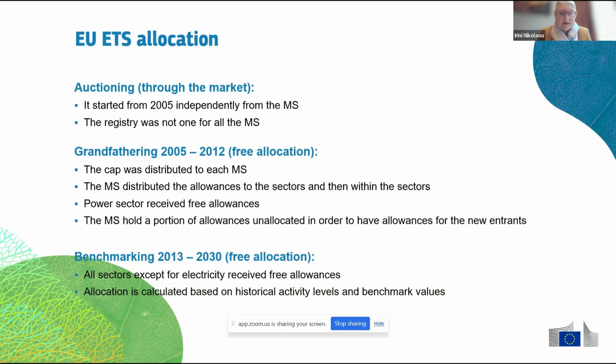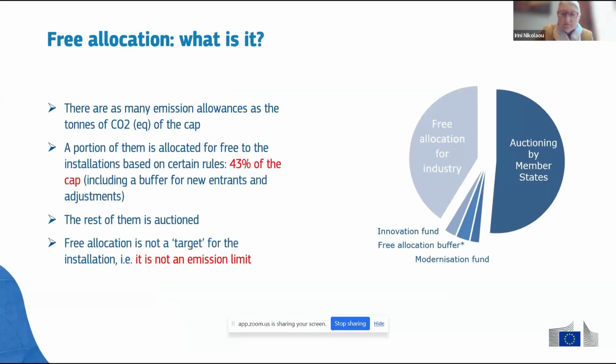That was capacity extension. So in 2013, the system started to be much more mature, I would say. Plus, I must not forget, all sectors received free allocation except for the electricity sector, power plants.